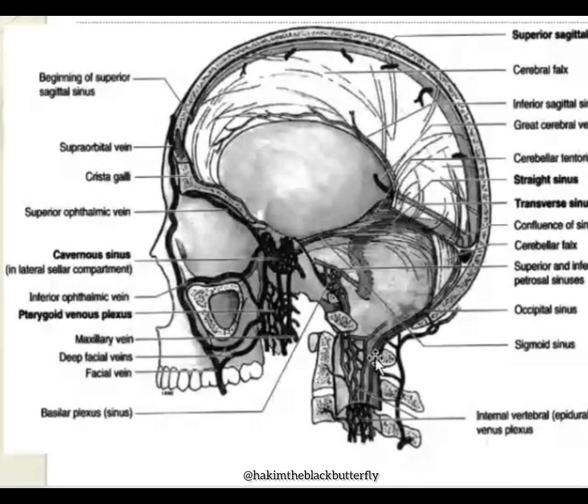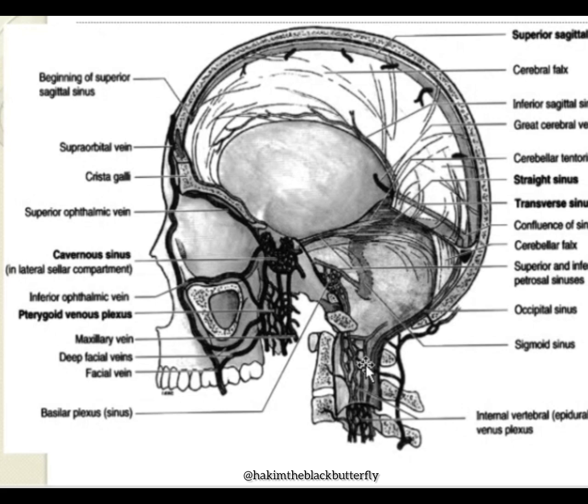Posteriorly, when it reaches the foramen magnum, it communicates with the occipital sinus. Anteriorly, it is going to communicate with another venous plexus known as the basilar plexus, and the basilar plexus is going to communicate with the inferior petrosal sinus. Are you seeing that?